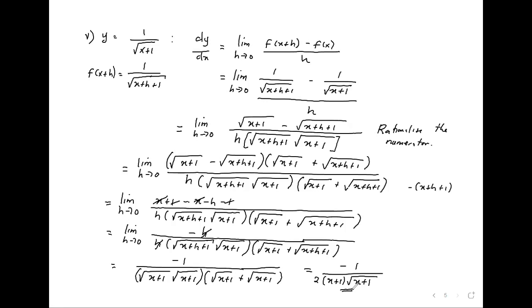So if we go to 6, y is equal to x plus 1 over x minus 1. dy dx is going to be the limit as h goes to 0.